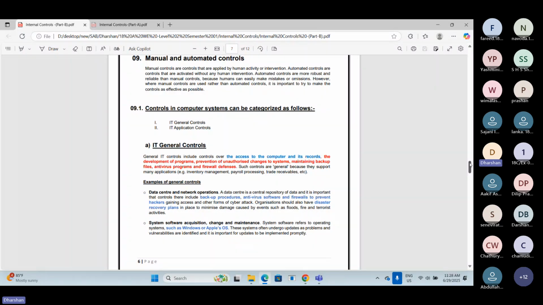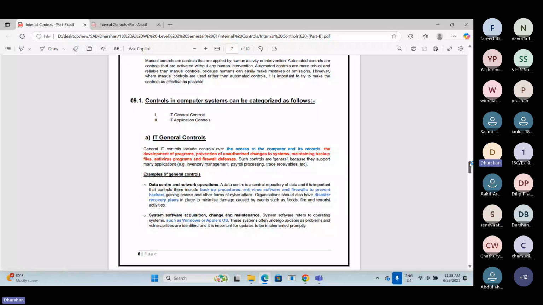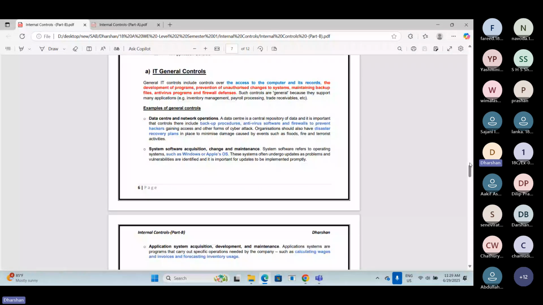So in the first point, backup procedures, antivirus software, firewalls to prevent hackers, and disaster recovery plans come under data center and network operations. System software acquisition, change and maintenance: system software acquisition means, for example, Windows or Apple OS updates.